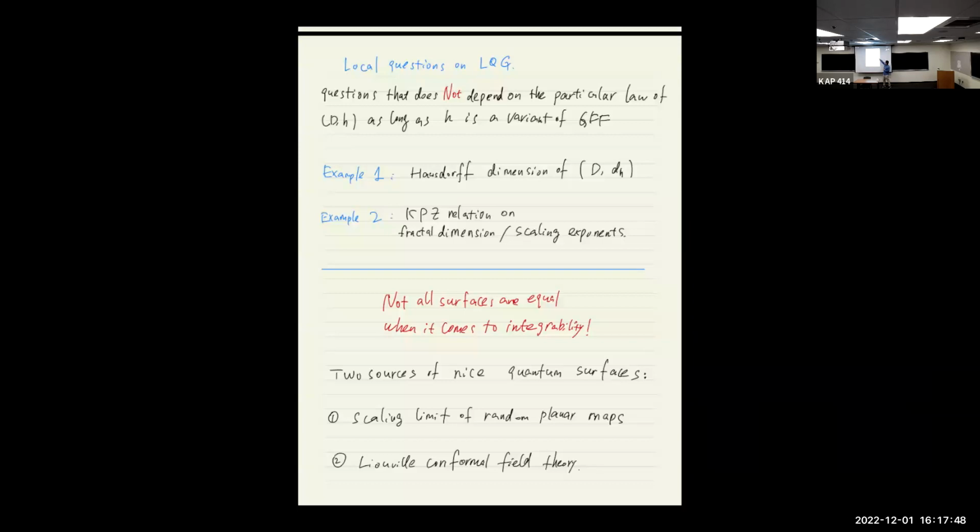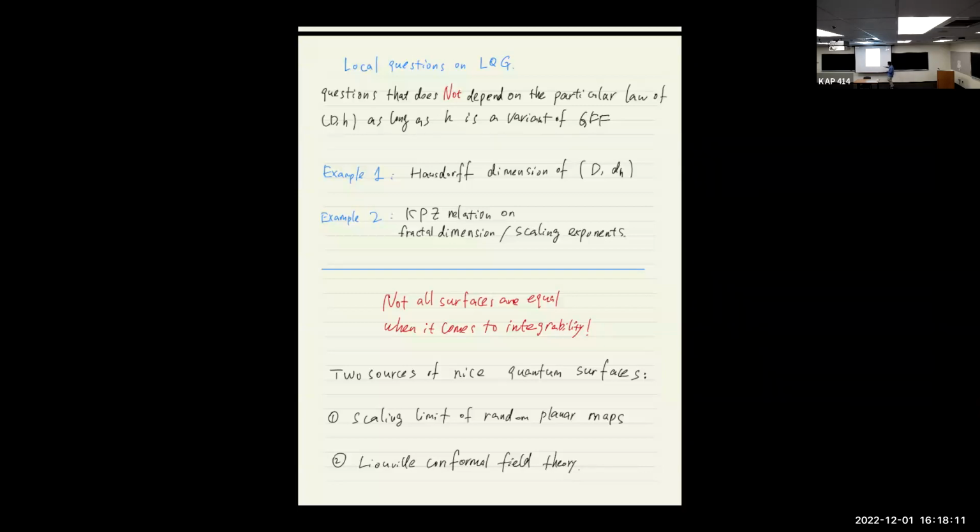This doesn't depend on the precise law of this Gaussian free field. If you perturb by some continuous function, it's not going to change the fractal dimension of this metric. And this is a classical and still open local question. We only know that when gamma equals square root of a third, this dimension equals 4. Other cases are still open.